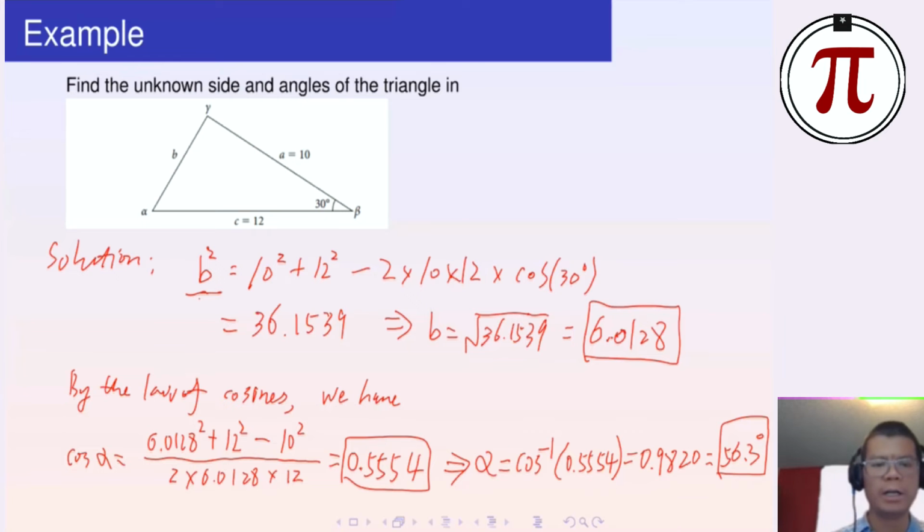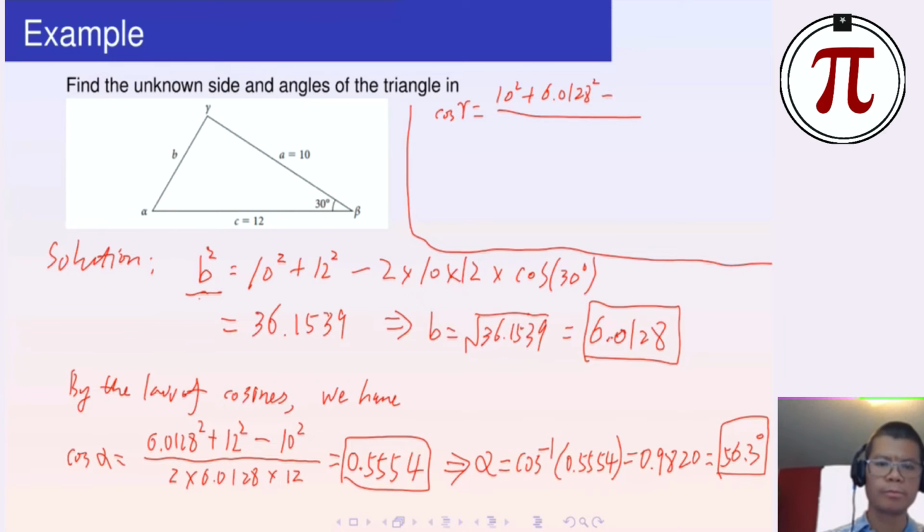And similarly, can we find gamma? You can do that as well, right? So cosine gamma equals, this will be a squared plus b squared, and so on.